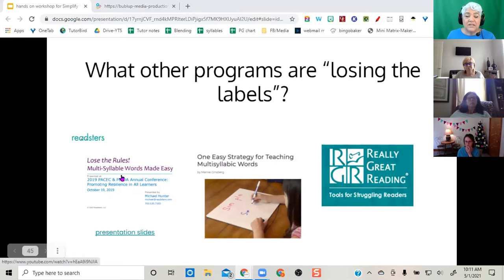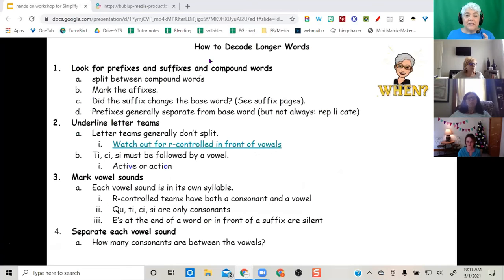I think this one is a little too simplistic once you go from grade 3 and up, because we have too many orthographic rules that affect the spelling, which affects the decoding for us to read multisyllabic words. But I haven't taken their training, but just from the presentations I've seen, it looks a little simplistic. So it's probably fine for K to 2 or K to 3. Okay, so here's what I do.